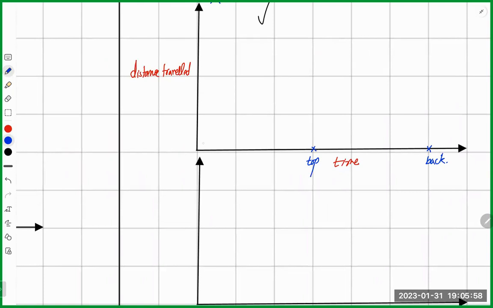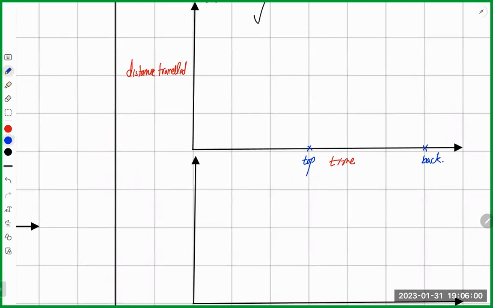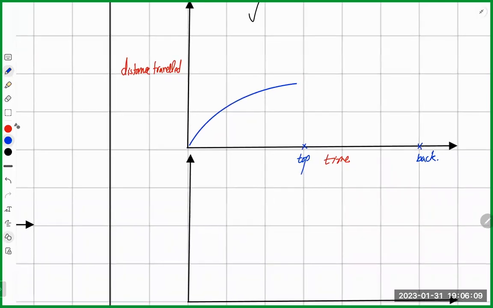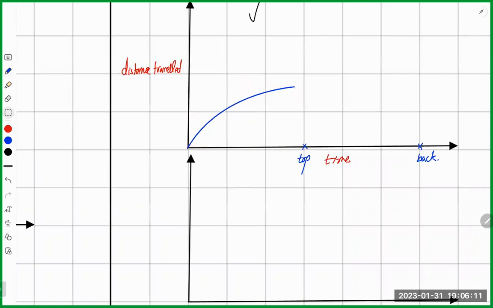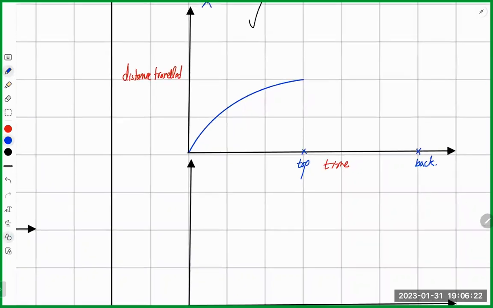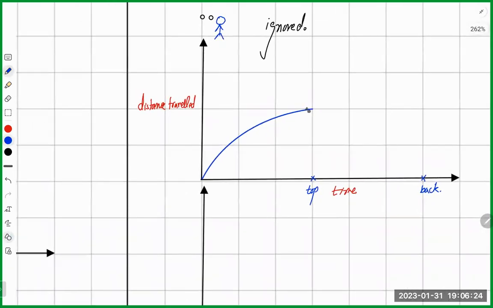So the object will be traveling distance with a decreasing speed while going up, and it will be traveling the distance with increasing speed while falling down.